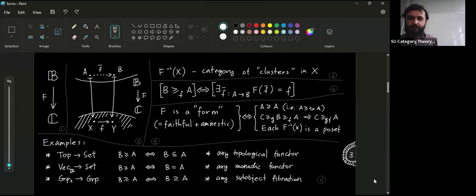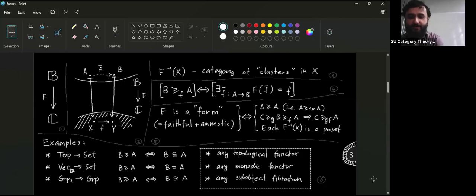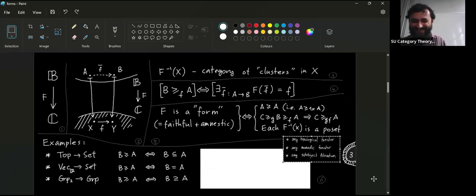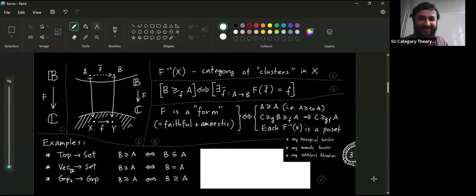So okay, so what can I erase here? I think I can safely erase this part, or at least move it, or at least make it smaller. There we go. And let me use, okay, so the red. Can we see this?